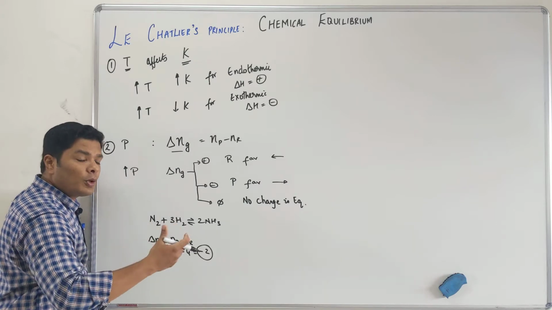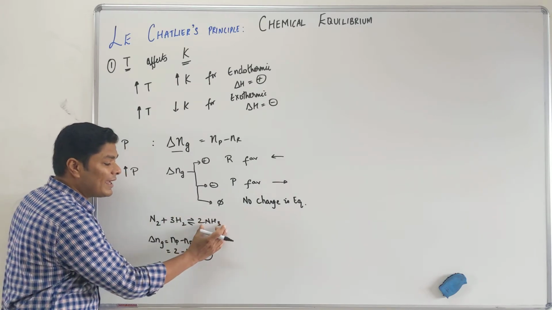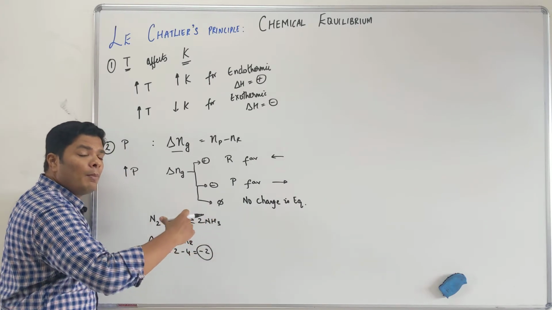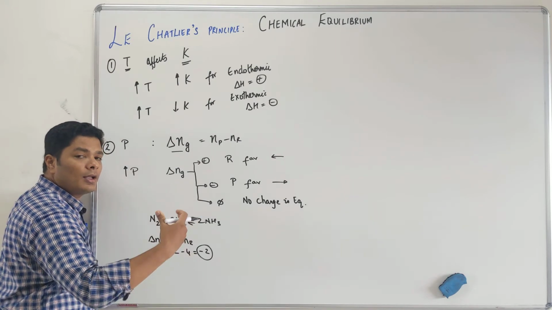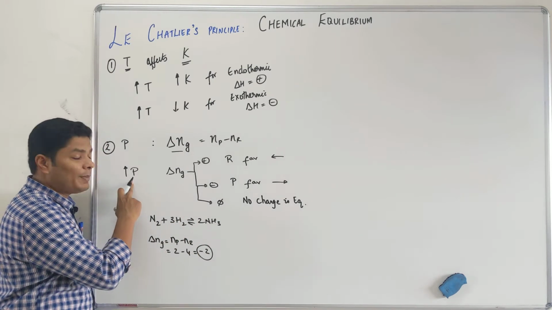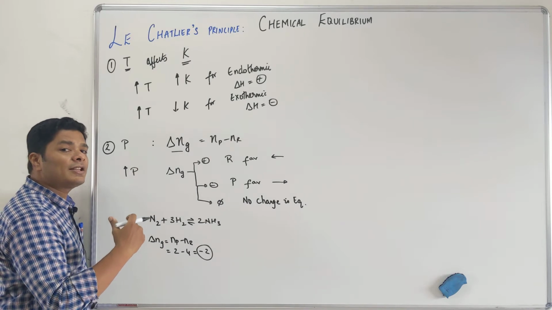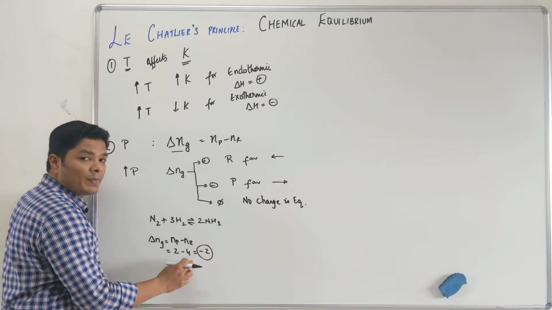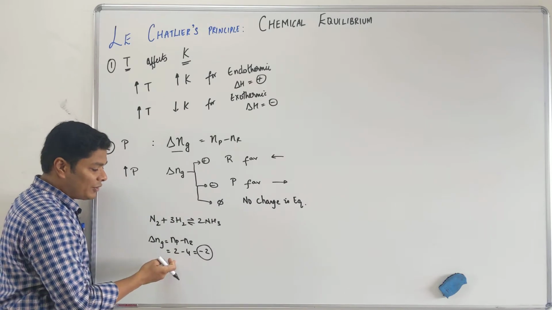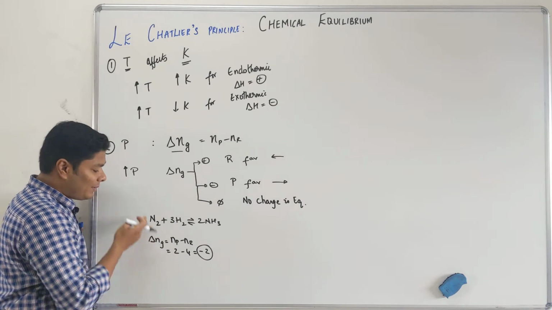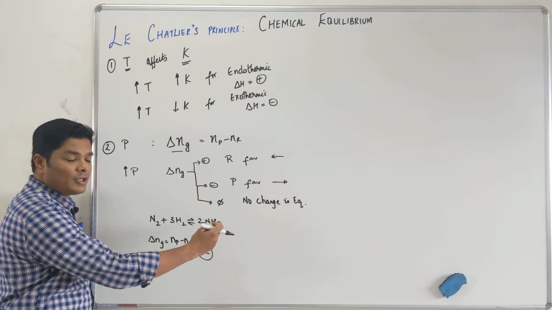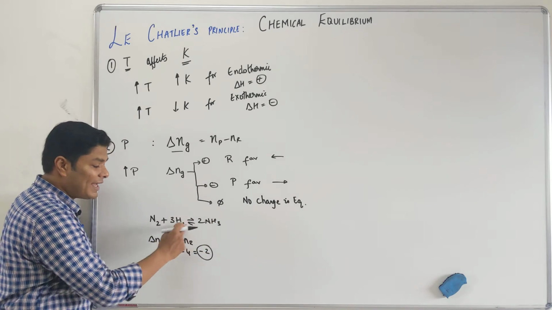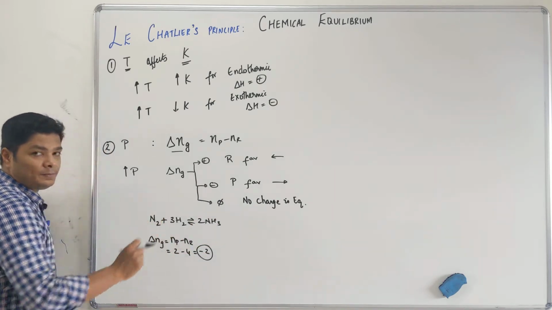So when pressure is applied, obviously I'll go to the right side because I have fewer moles of gases. Fewer moles means less pressure. So by increasing pressure, the system will react in such a way that it can decrease the pressure. It will go to products. So product favored. Haber's process is done at high pressure for this reason. I increase the pressure so that I get more ammonia, a better yield for the same amount of reactants.